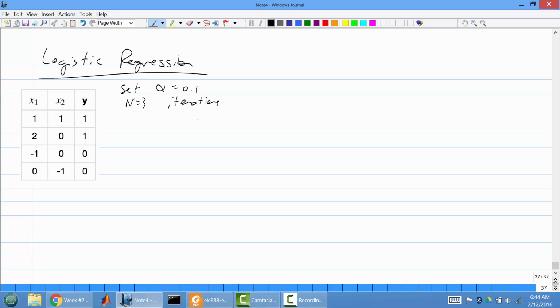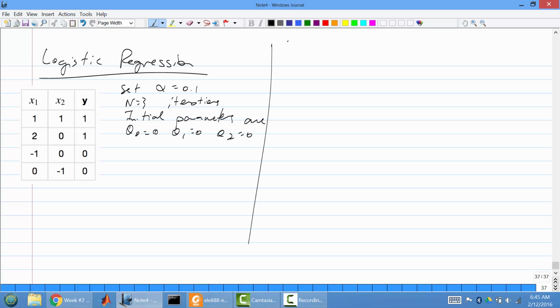And the initial parameters are simply all 0.